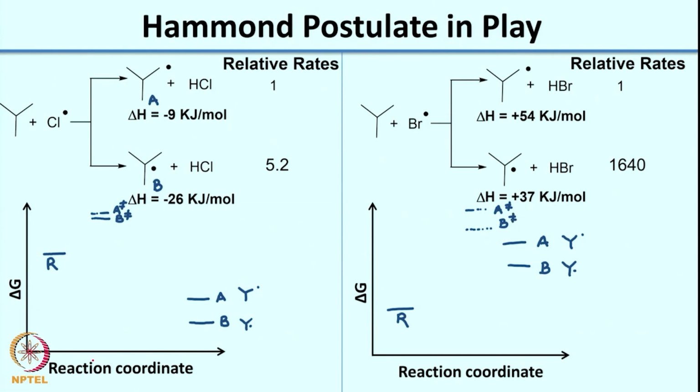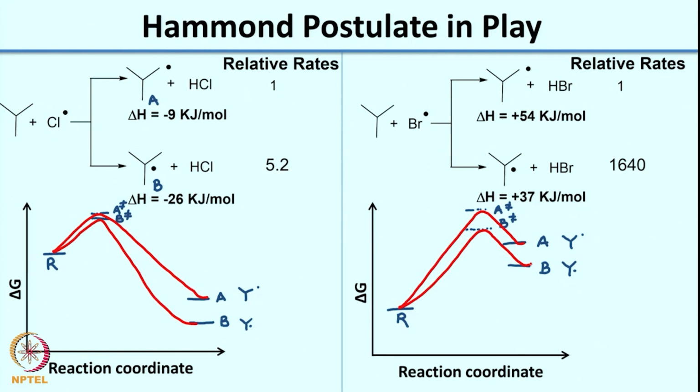So now if I were to draw the energy profile, in one case that is what it will look like, and in the second case it will look like this. Whereas here the energy profiles will look like this for A and this for B. So now we are looking at relative rates.